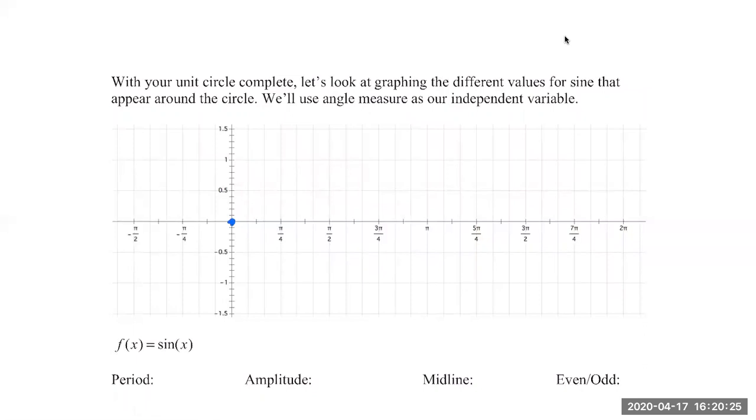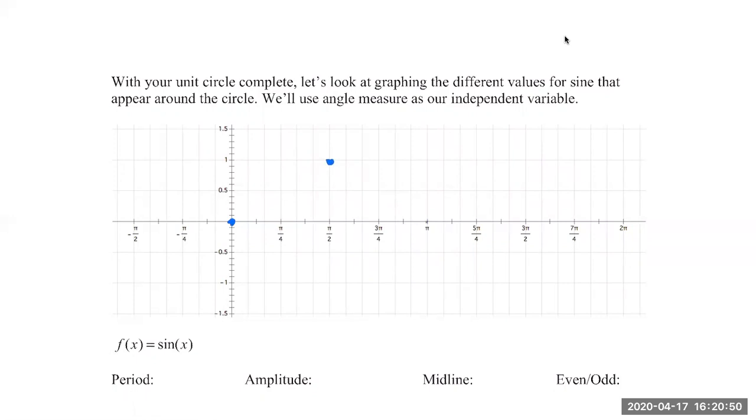Now, by the time we get to pi over 4, we would have been at root 2 over 2. And that is a little harder to graph, so let's keep on going. Pi over 2 has a sine value of 1. So we'll add a point up there. Let's keep on going out.